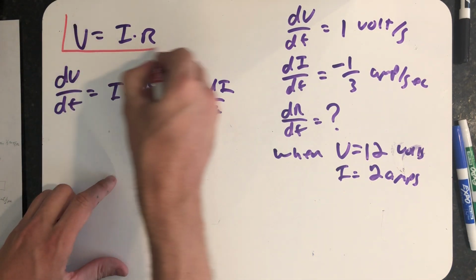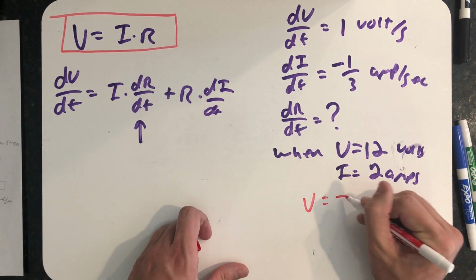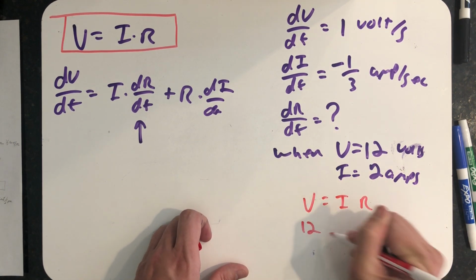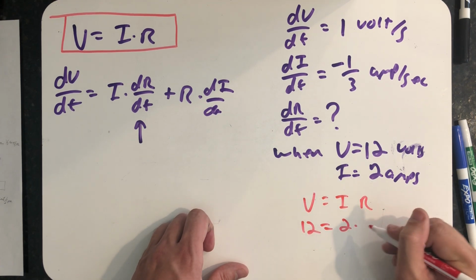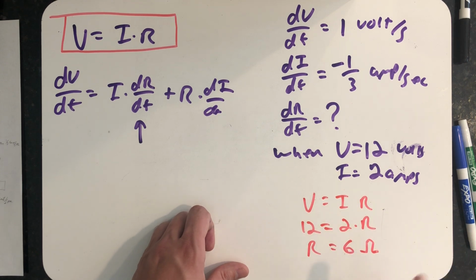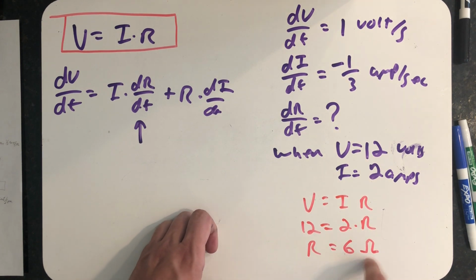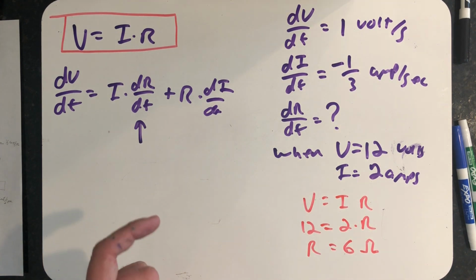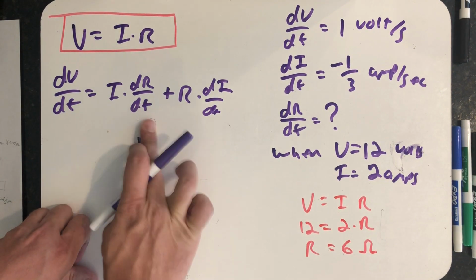At every moment in time, the voltage has to be I times R. Well, at this moment in time, the voltage is 12, and the current is 2. So I know that the resistance would have to be 6 ohms. And you can write the word ohms. We actually typically use the Greek letter omega, which looks like a little horseshoe, for that unit of measure, the ohm.